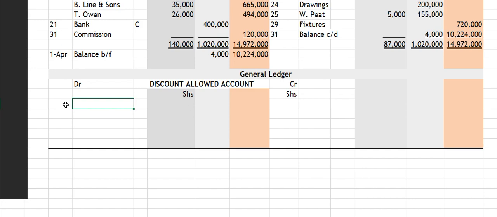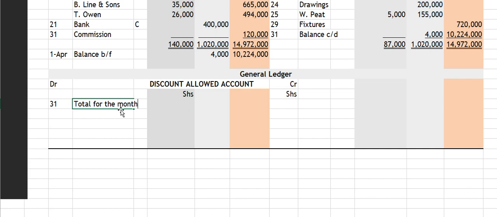So I'll come here and say that that is on 31st March. At the end of the period, I'll set total discounts for the month. How much are the total discounts? You can just look at your 3-column cash book.